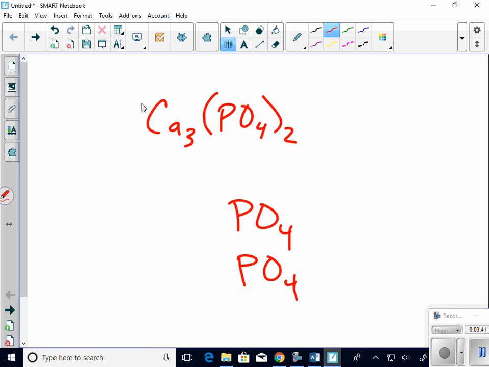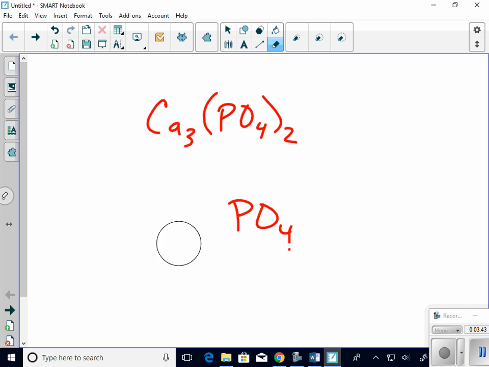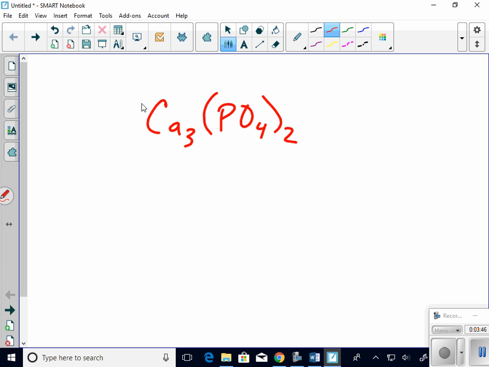Now, certain things about these parentheses where we run into, I see this all the time. People say, all right, I have 2 phosphorus, and I have 6 oxygens. Now, the people that do that have done what? They've taken the 4 right here and the 2 and added them together to get 6. Not correct.